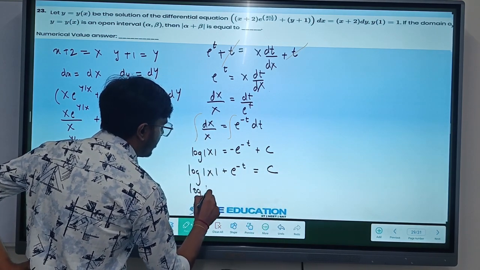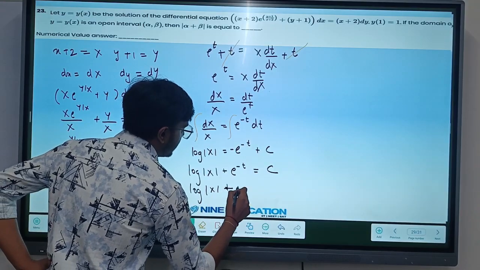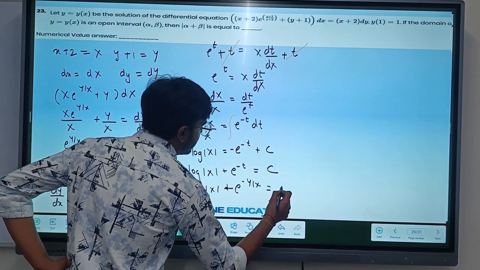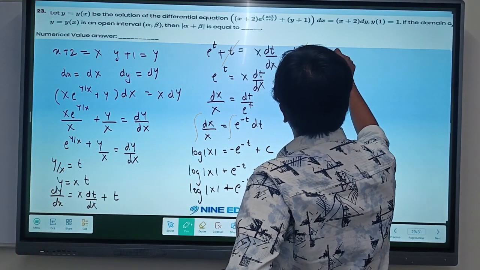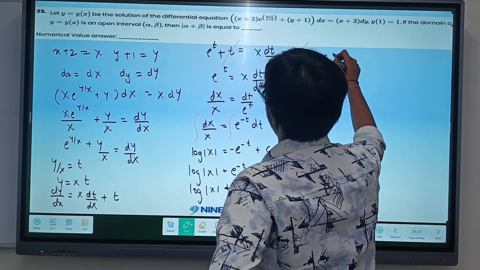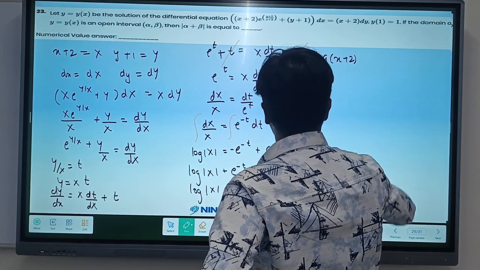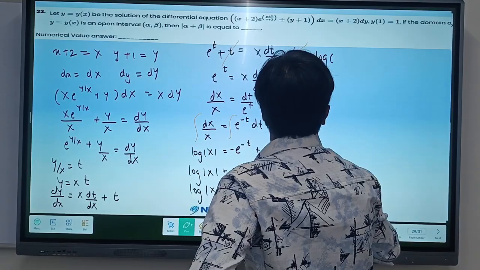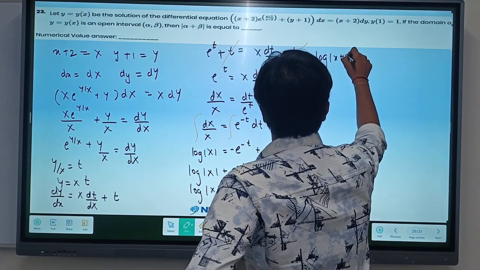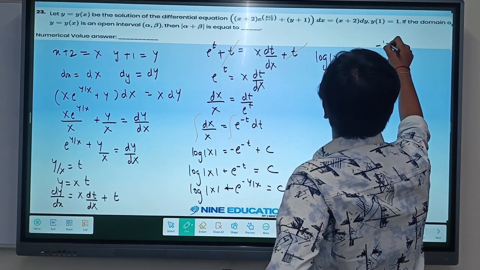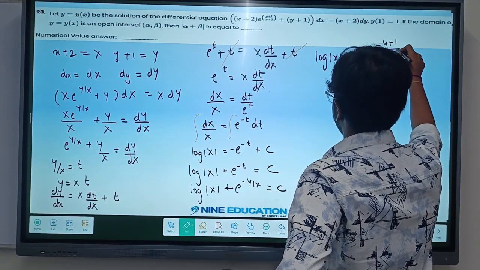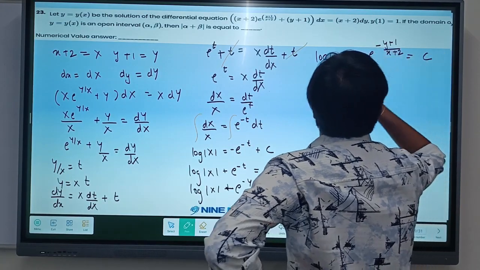So log mod capital X plus e power minus y by x equal to c. What is capital X? Small x plus 2. So log of mod small x plus 2, plus e power minus y plus 1 by x plus 2 is equal to c.